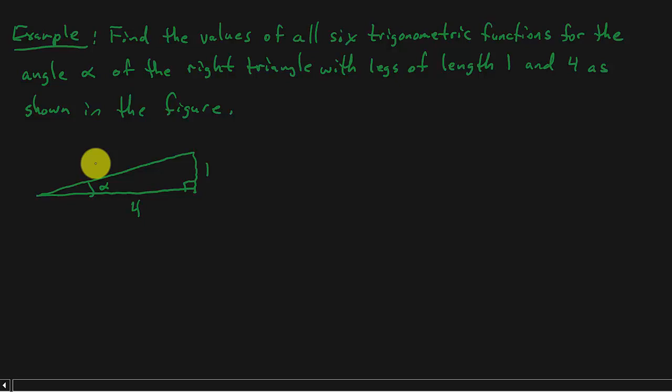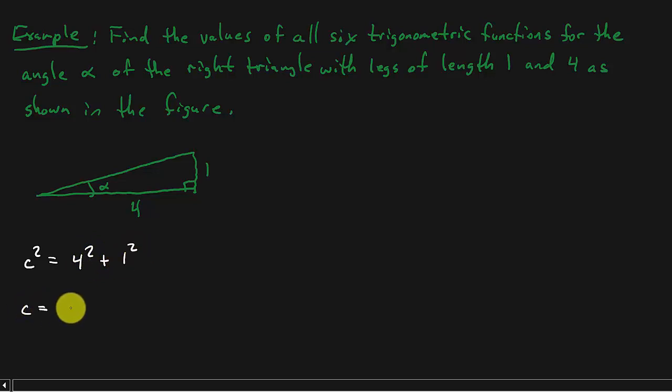So what we're going to do here before we can solve anything, well, we've got to know the length of the hypotenuse. Well, that's just the Pythagorean theorem, okay? So we know the hypotenuse squared, which we'll call C, is equal to the other two sides squared and add them together.